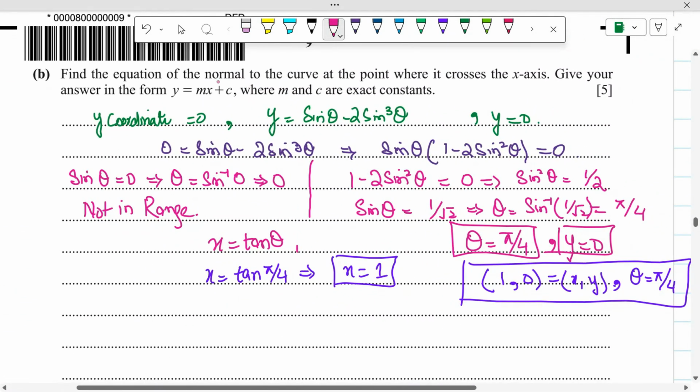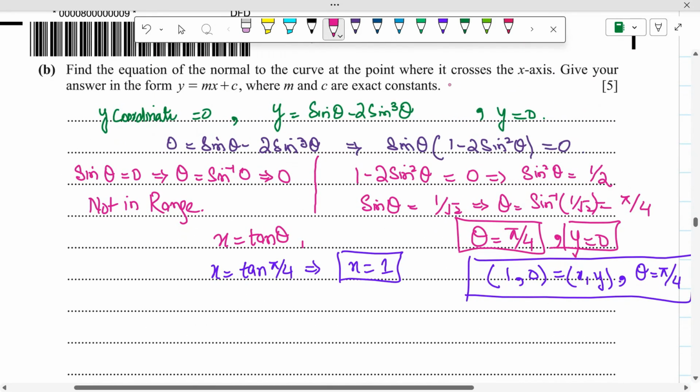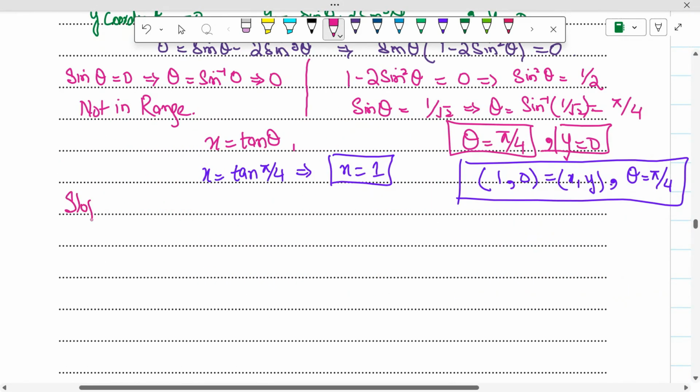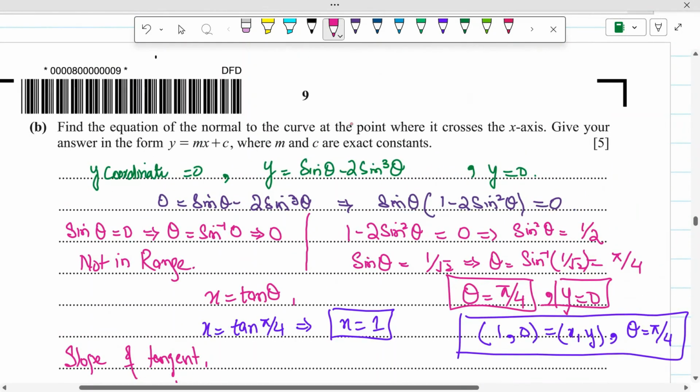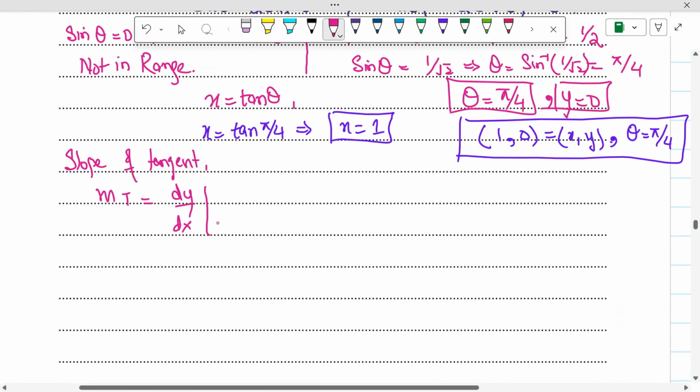Now we need the slope of the normal, and the slope of the normal is perpendicular to the slope of the tangent at the point. So first we find the slope of the tangent. The slope of the tangent is equal to the derivative at the point where the curve crosses the x-axis, and the point is x, y, and theta.